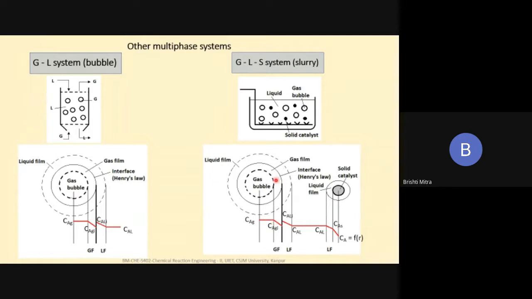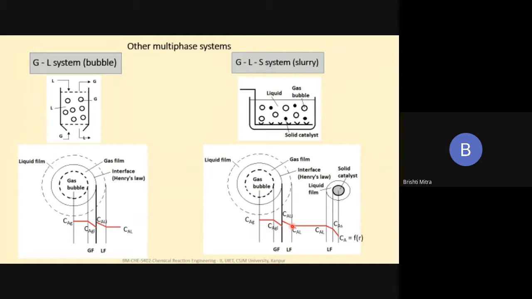Then there's a drop in concentration in the gas film, and the concentration changes from CAG to CAGI at the interface. This gas concentration is related to the liquid concentration by Henry's law. The concentration in the liquid phase is known as CALI, I again standing for interface. Through the liquid film there's a drop in concentration, and the concentration comes down to CAL.